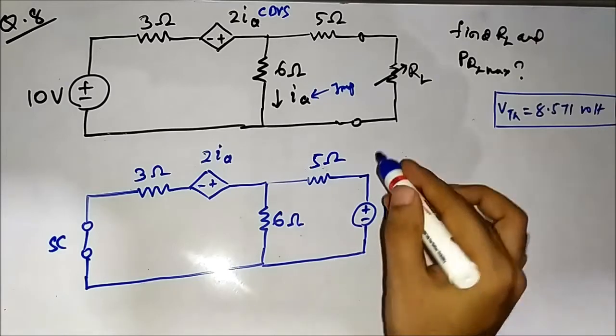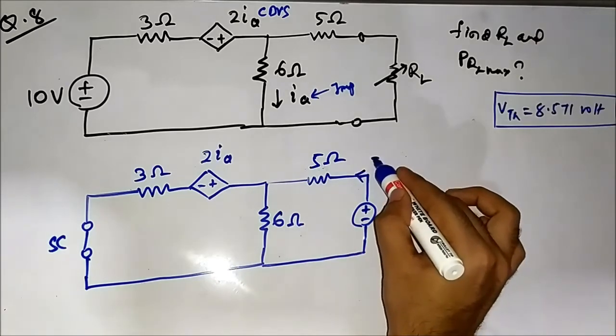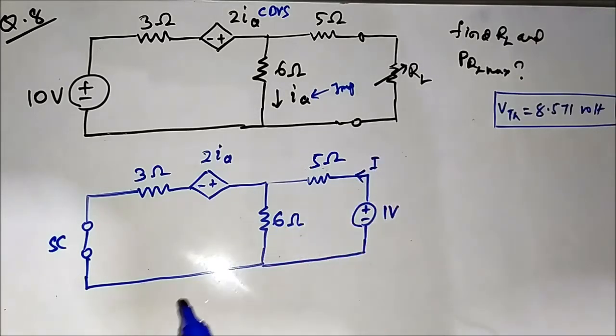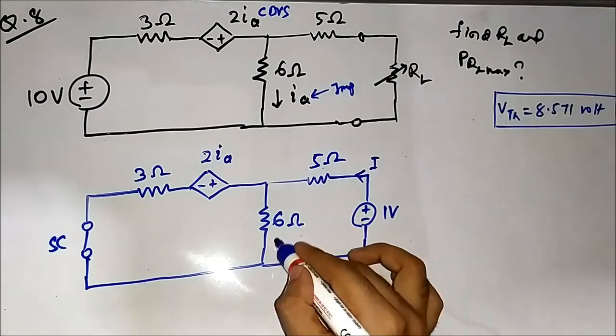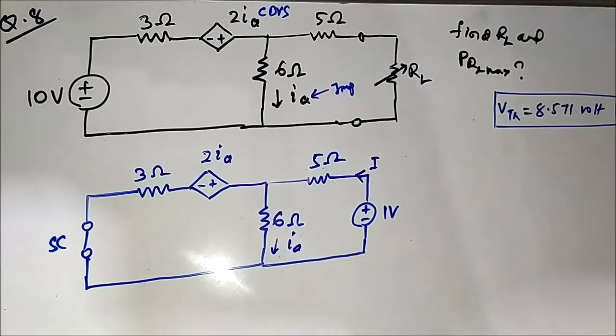And the important thing here is to find the value of this current coming out of this 1 volt voltage source. Okay, and this is the important variable, which is IA. So this is the whole thing.